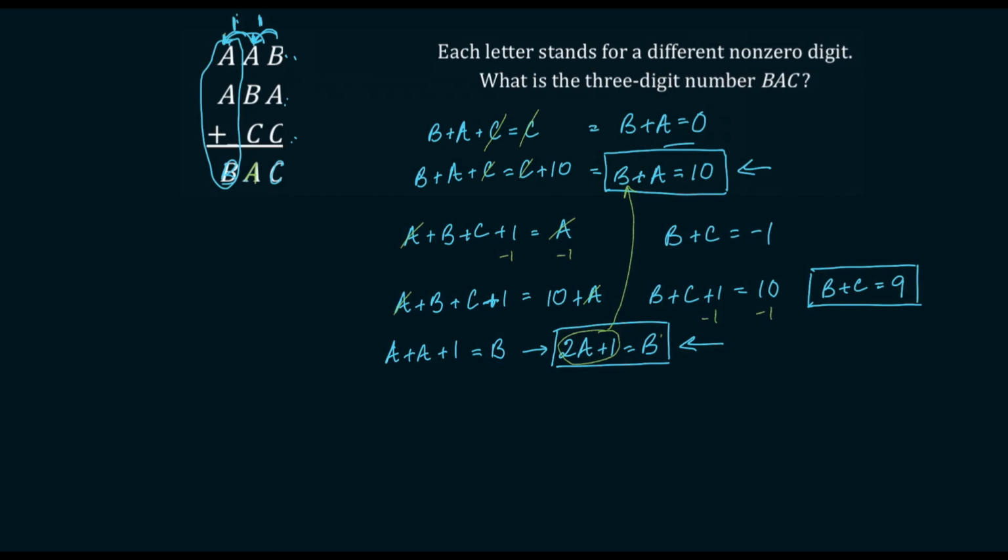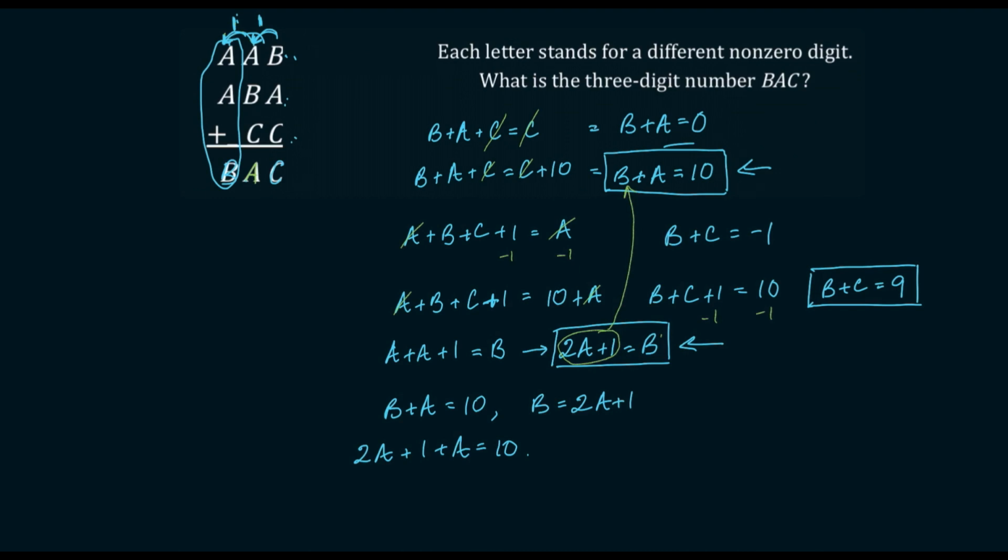So let's do that. Since we have B plus A is equal to 10 and B is also equal to 2A plus 1, we can say 2A plus 1 plus A is equal to 10.